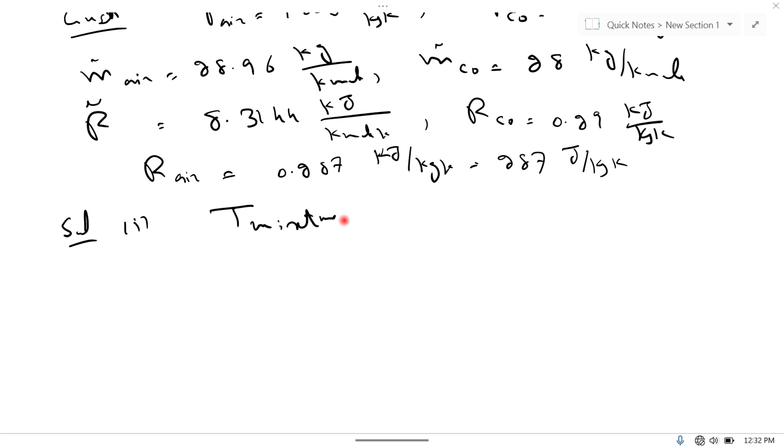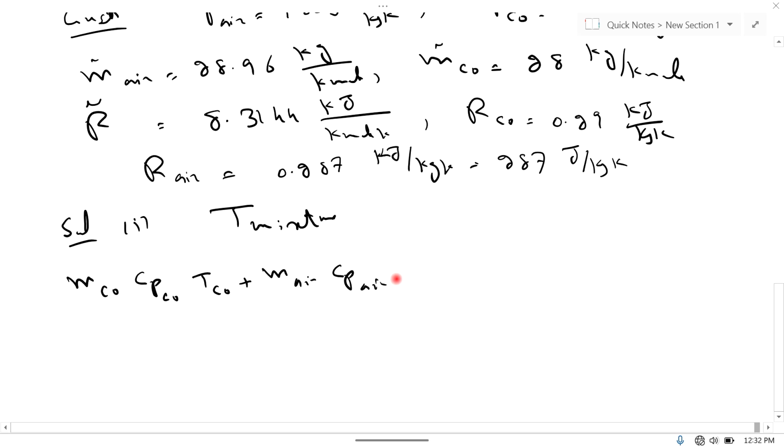We have the formula: mass of carbon monoxide multiplied by specific heat capacity at constant pressure for carbon monoxide multiplied by temperature of carbon monoxide, plus mass of air multiplied by Cp for air multiplied by temperature of air, is equal to mass of carbon monoxide plus mass of air, multiplied by Cp of the mixture and the temperature of the mixture.